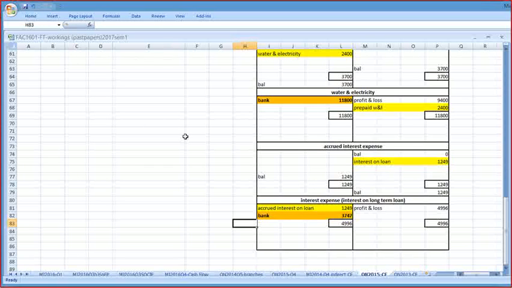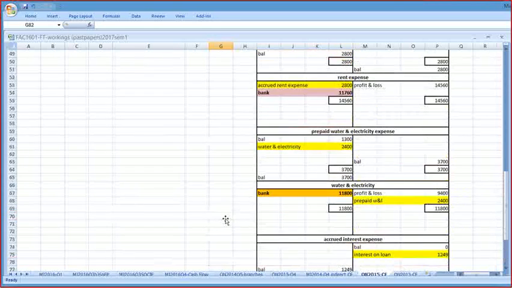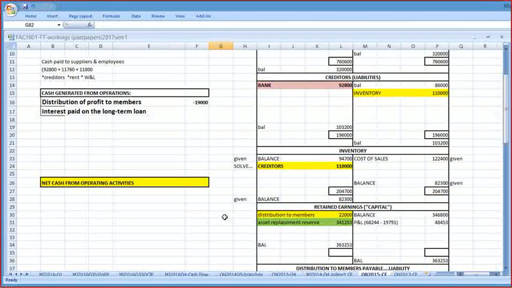Then you're going to have to add the two together, and that's bank. Add the two? Subtract. I mean minus, to find the difference. The answer goes where? The answer will go on the debit side, and it's 3,747. And it'll be referenced here: interest paid on the long-term loan.